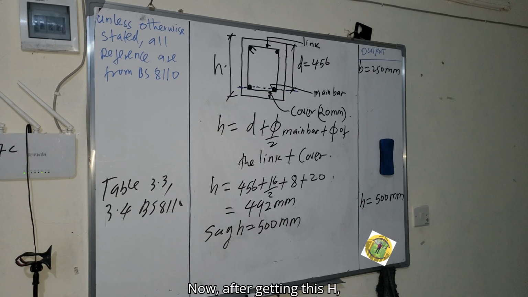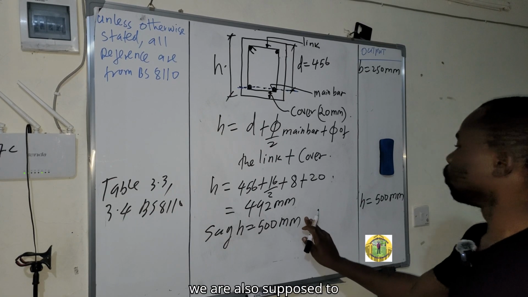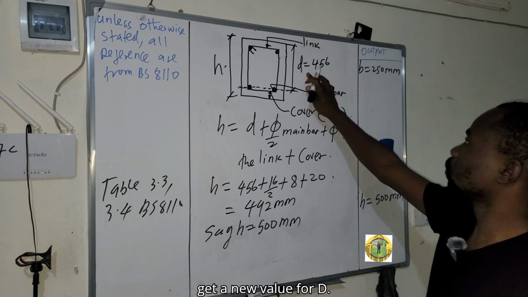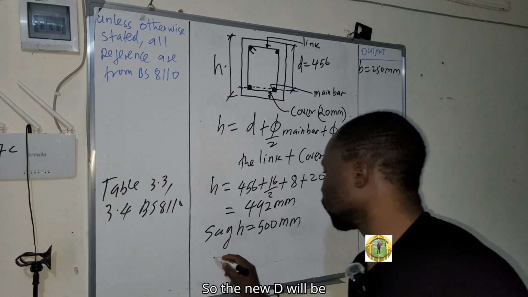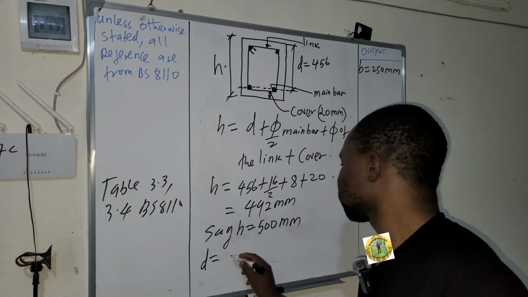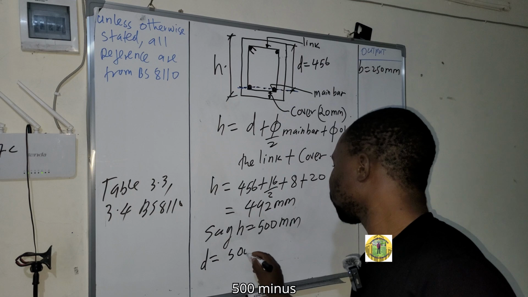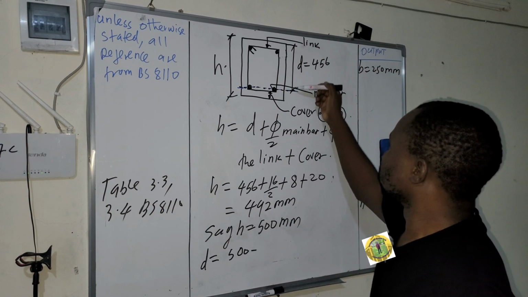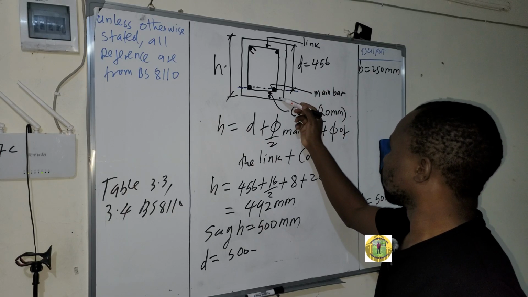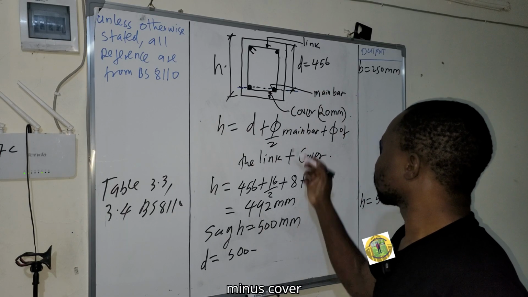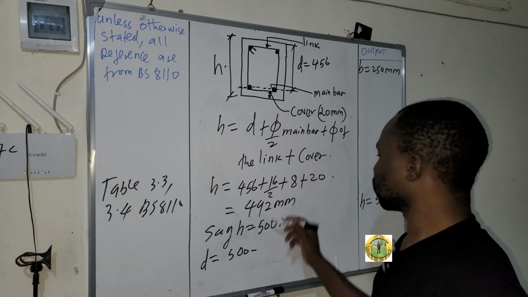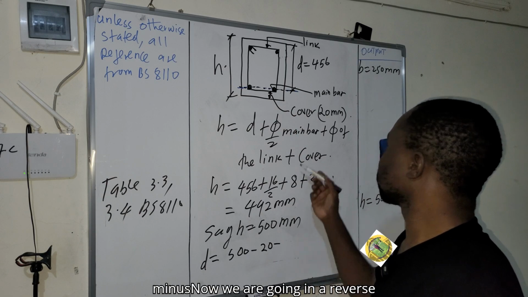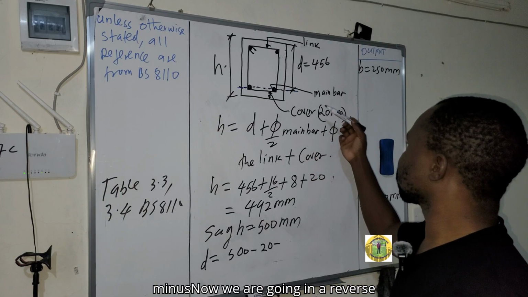Now, after getting this H, we are also supposed to get a new value for D. So the new D will be 500 minus cover, which is 20, minus, now we are going in a reverse way.